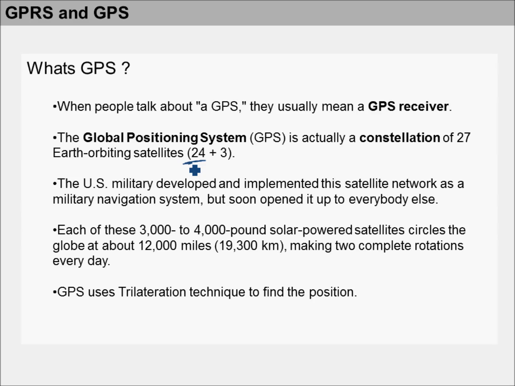To solve those problems, the US military developed this system called GPS. But soon later, they opened it to everybody else to get the location of the mobile phone as well. Now, what GPS does is that it can help you get the longitude and latitude of a mobile phone.